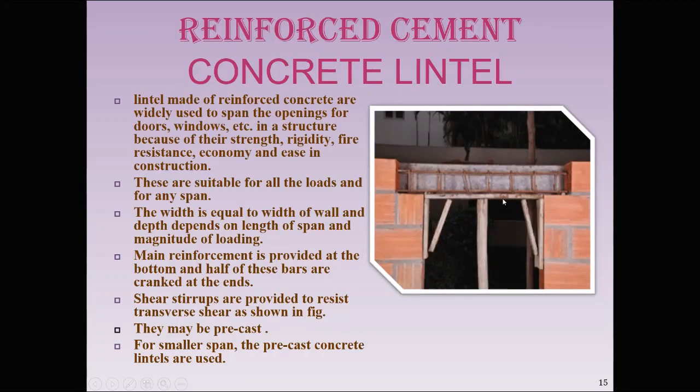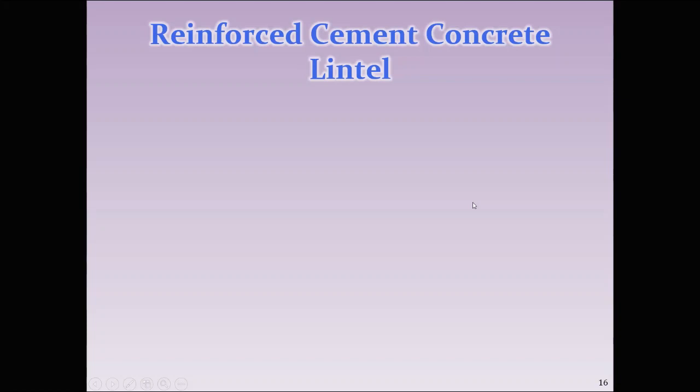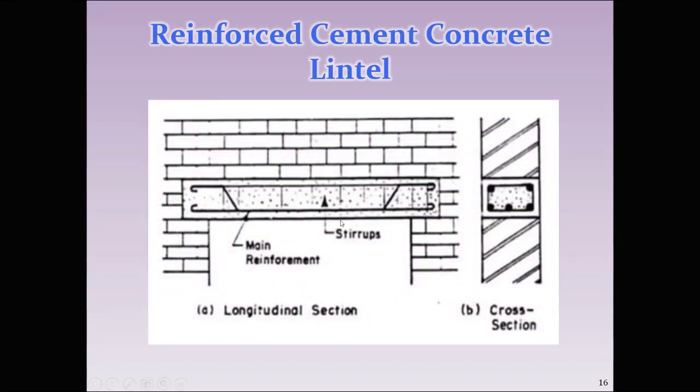So next is the reinforced cement concrete lintel diagram. This is the diagram, and we can see this is the main reinforcement which is provided at the bottom because all the lintels behave like beams, so their main reinforcement will remain in the tension zone and the reinforcement will be provided at the bottom.